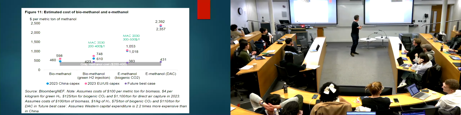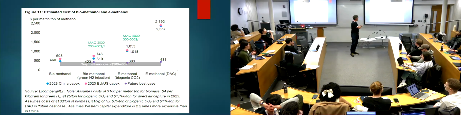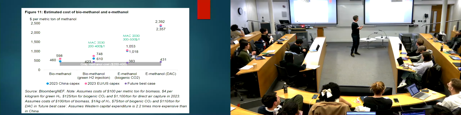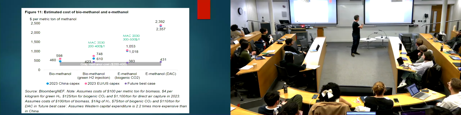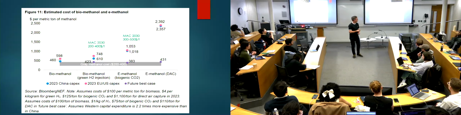But it's quite expensive, especially if you make it from electricity. So then you take CO2 from burning biomass, you add hydrogen from electricity, and so then you're between 1,000 and 380 per ton CO2.